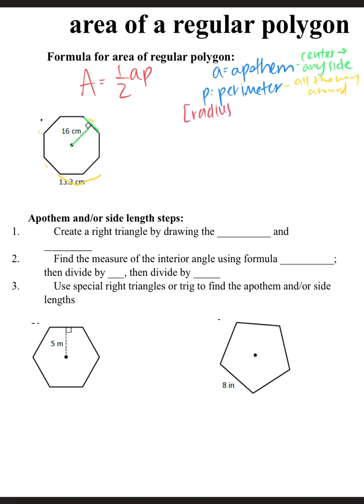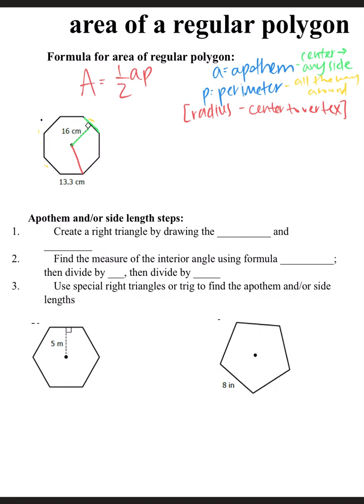So even our regular polygons might have a radius similar to our circles, except our radius is going to be from the center to a vertex. So that's how that varies and is different from the apothem. The apothem hits the side, the radius hits that angle.